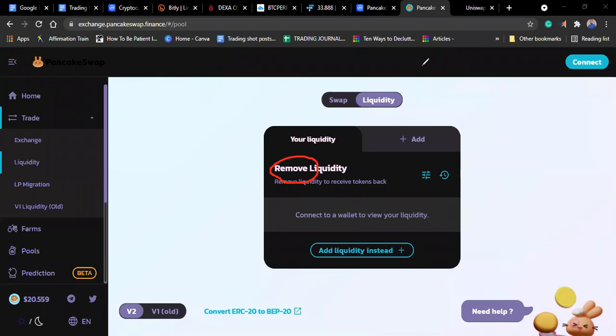Now, on a decentralized exchange, since it's not owned by one specific person, it's owned by everyone participating, they need people to be able to provide what is called liquidity to enable the easy matching of orders.